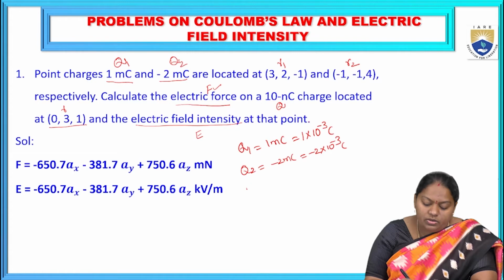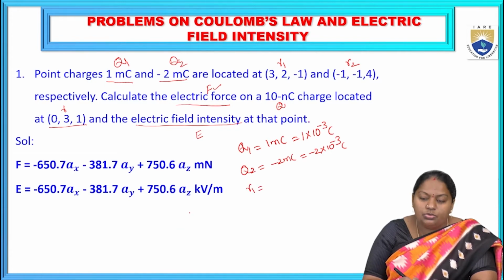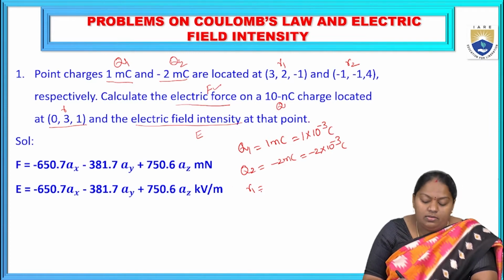Along with the position vectors, R1, we need to represent vectors in two different ways: one with only the magnitudes, and one with the magnitudes along with unit vectors. Suppose R1 is given as (3, 2, minus 1).